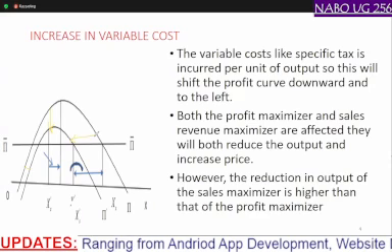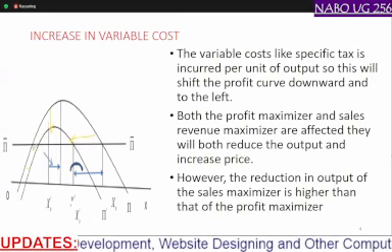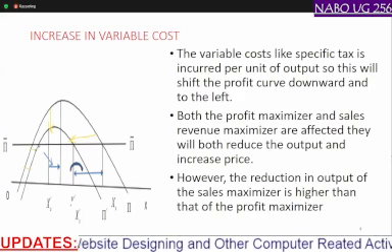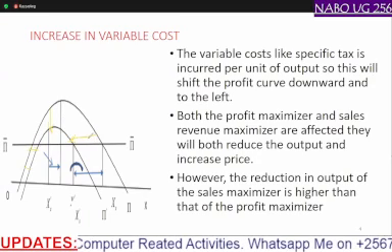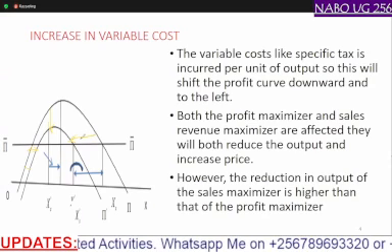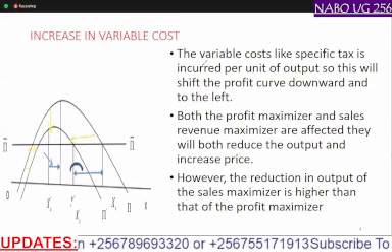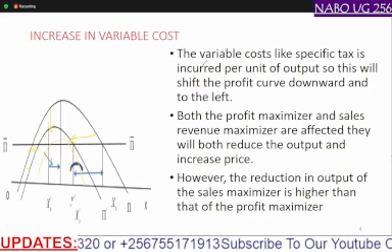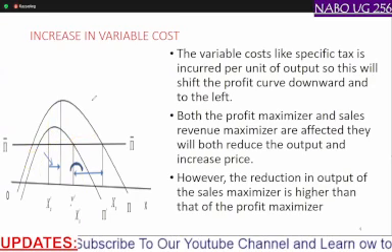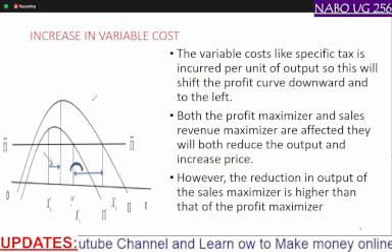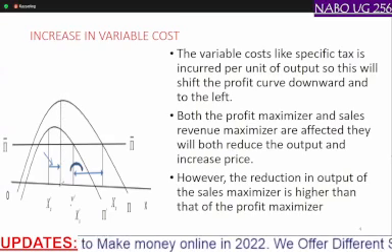The gap here is not the same as with the fixed cost. That's a major difference you have to note: this curve shifts both inward and to the left. It doesn't come direct like in the previous case. When that happens, it affects both, whereas the other time it only affected the sales revenue maximizer. The profit maximizer was operating at this point initially.